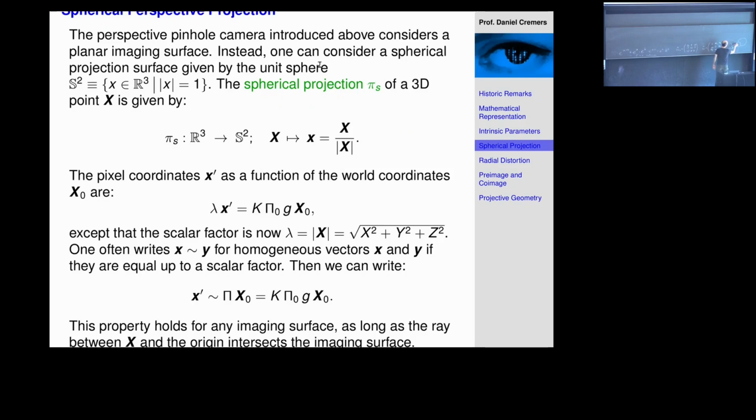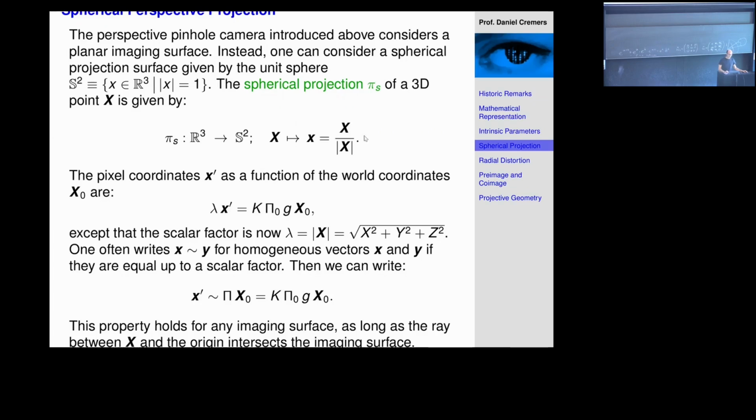And then you would have this point projected here, that point projected there, etc. So this would be the projection on the spherical screen, and you can do that the same way, and it's practically the same projection equation, almost, not quite. Instead of dividing by the z coordinate, you divide by the length of the vector. So if this is a sphere with unit radius, then this point here is just a normalized version. You take the x coordinate vector and you divide by its length if it's a 3D coordinate vector.